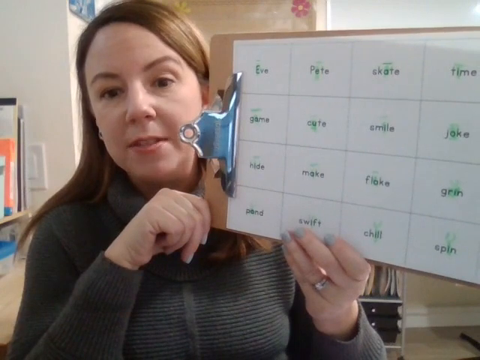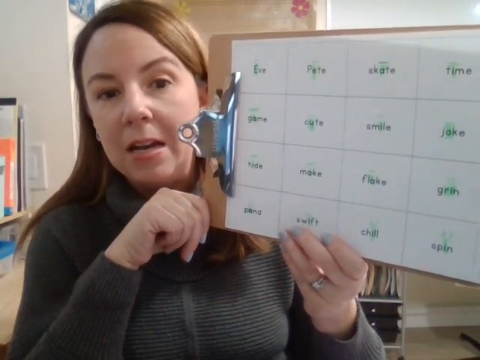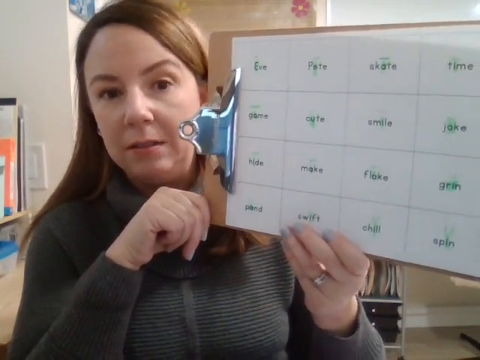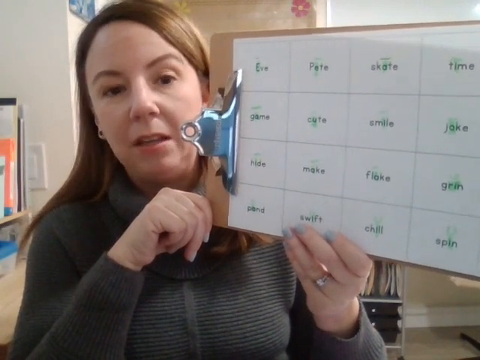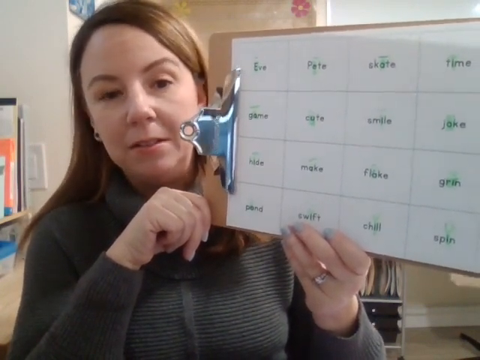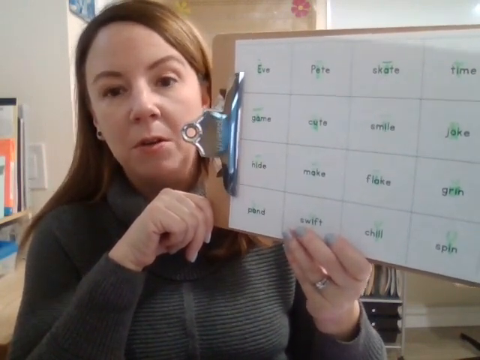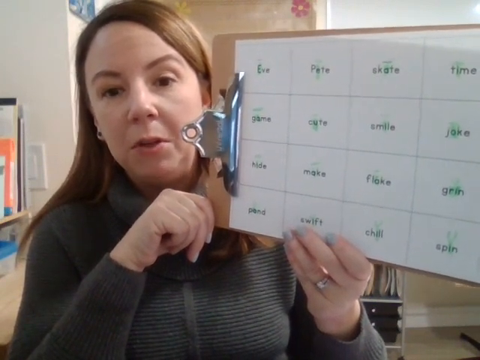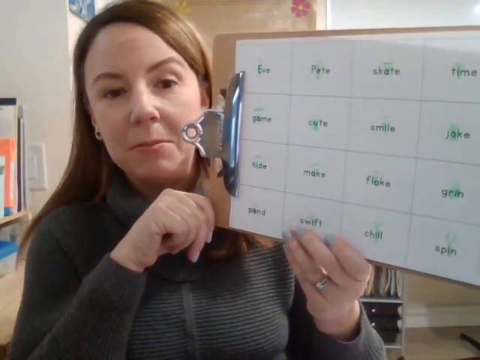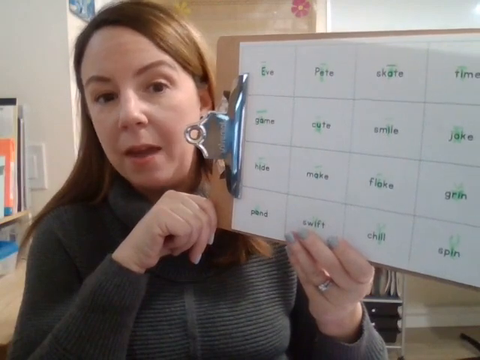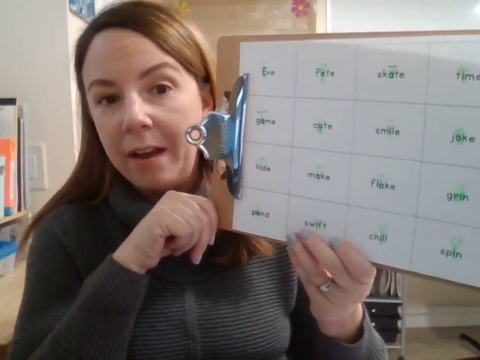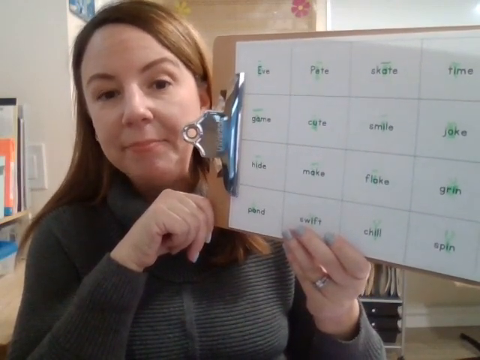Or if we said, let's go for a spin around the block. Could that mean going on a bicycle? Sure. Could that mean maybe going on rollerblades? Sure. Could it mean going in a car? Yeah, sometimes when someone says, let's go for a spin, that means let's go for a quick ride, right?